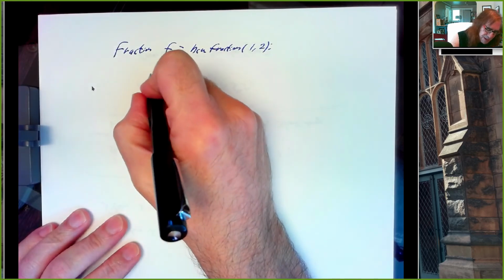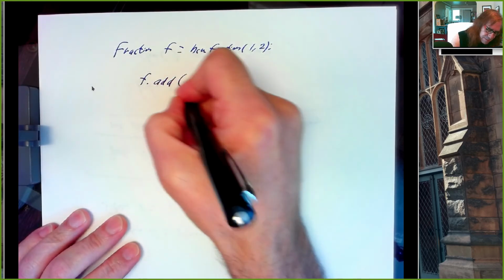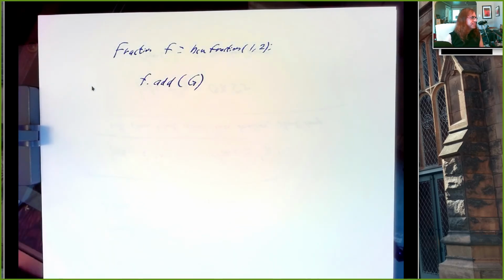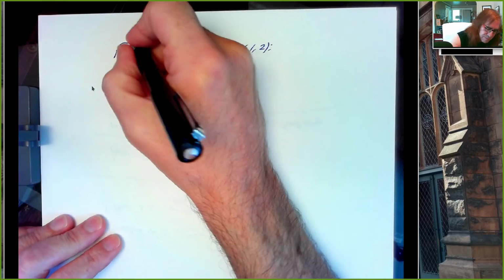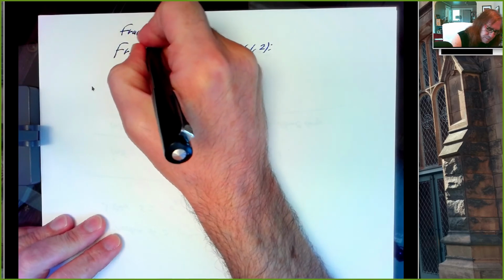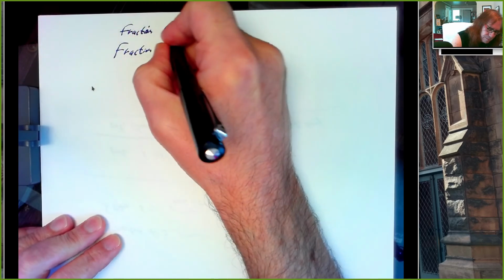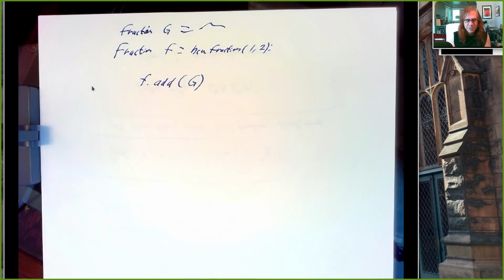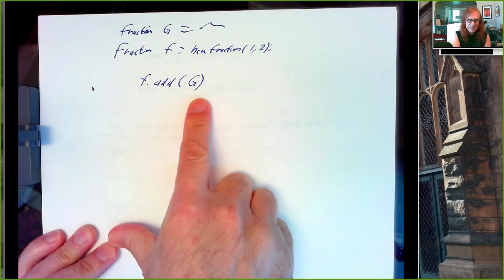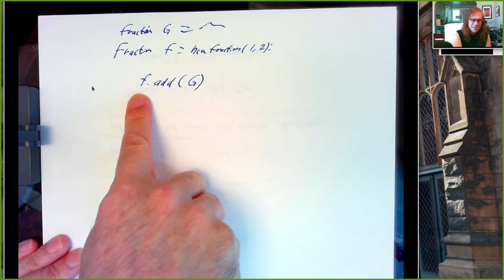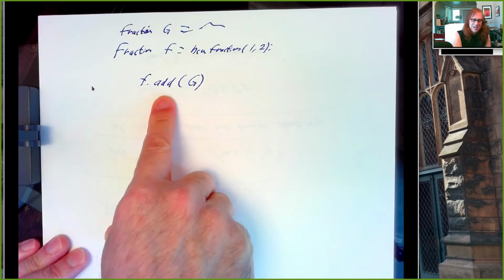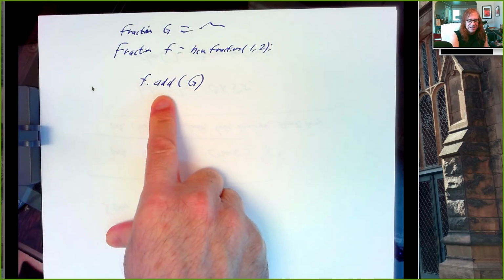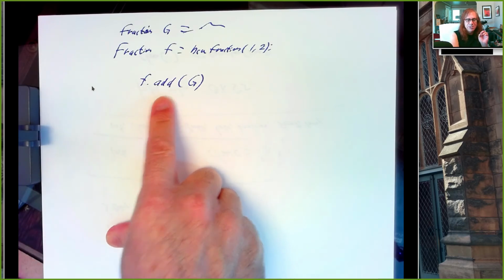Which would let me say f.add g, where g is some other fraction. If I'm going to say f.add g, the f is here not just to say I want the add method from the fraction class, but to say I actually want the add method applied to the object f.